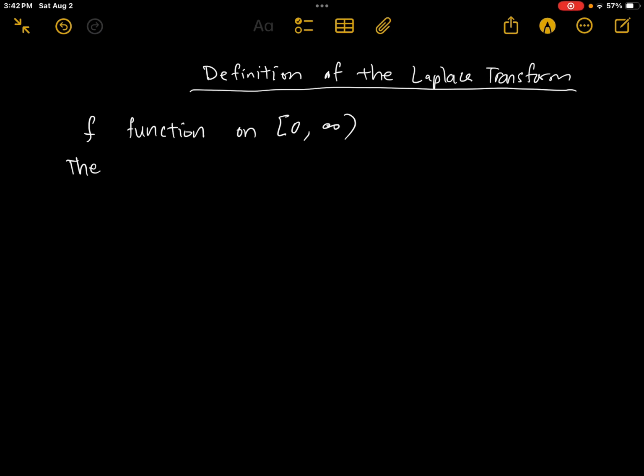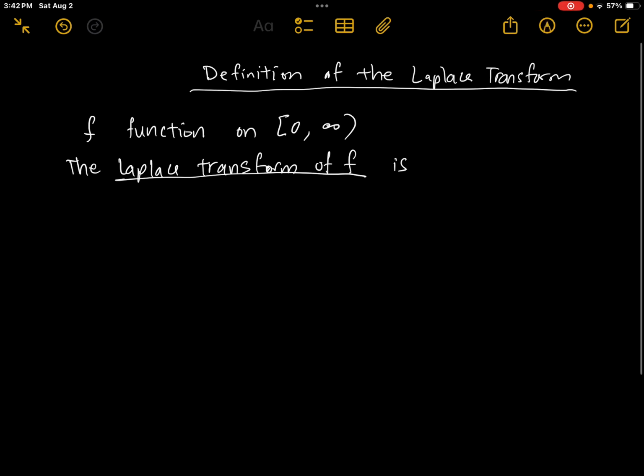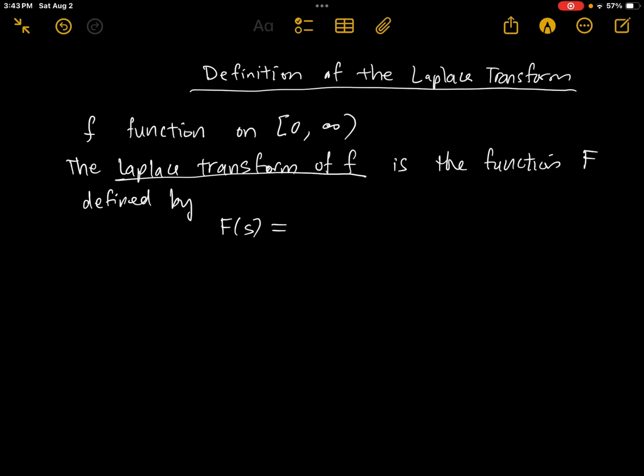The Laplace transform of f is defined to be the function capital F, defined by capital F of s. It's the integral from 0 to infinity of e to the minus st little f of t dt.